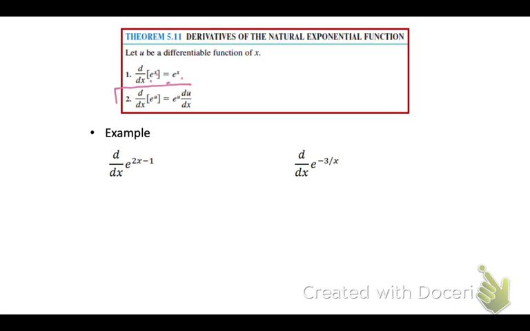The second rule is the derivative of e to the u is e to the u du dx. Well, what does du dx mean? It's just u prime. Doesn't du dx mean the derivative of u? Yes.